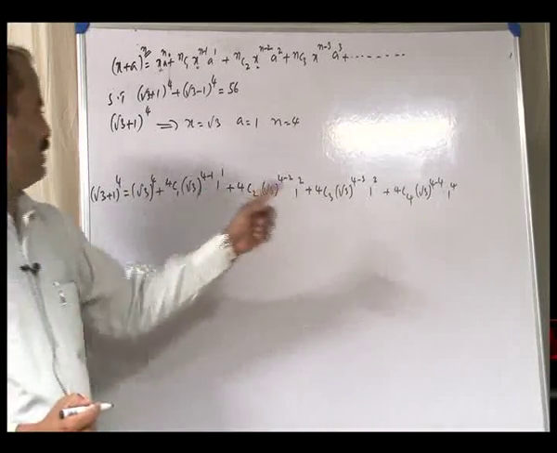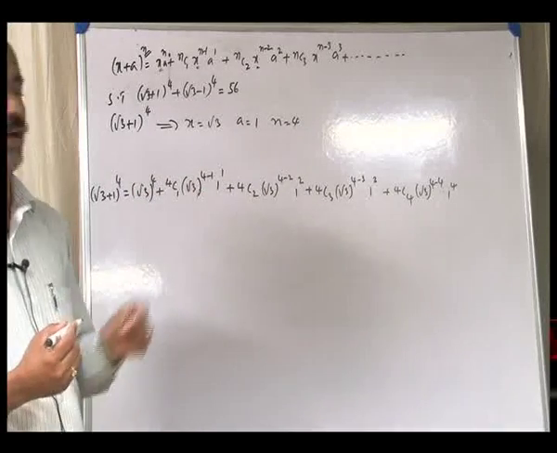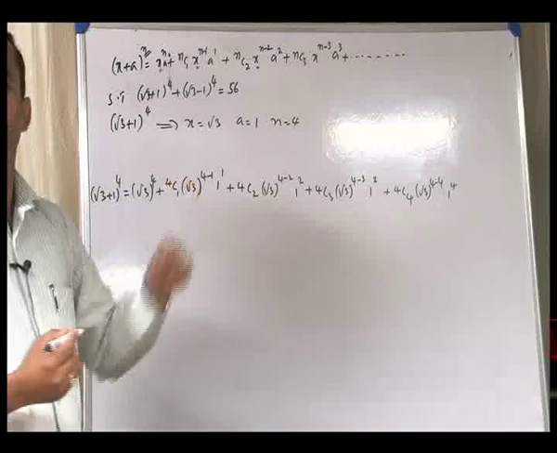This is an expansion of (√3 + 1)^4 using the binomial theorem.